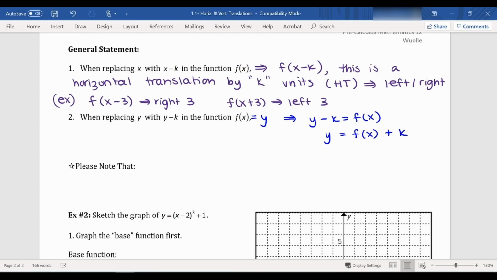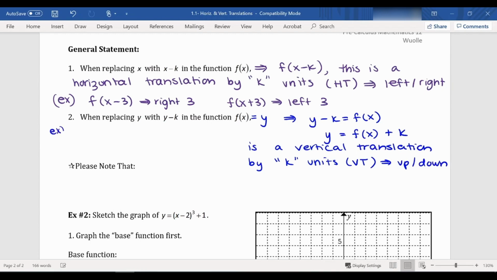If it's written as the first version, it's going to say y minus 4. So this is a vertical translation by k units. VT, you might see that written as. And so this is up down.